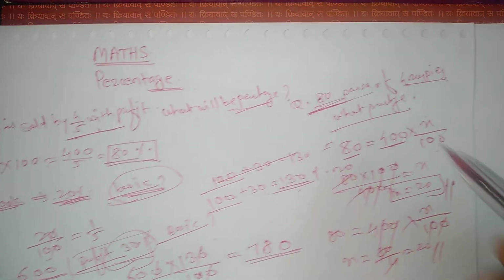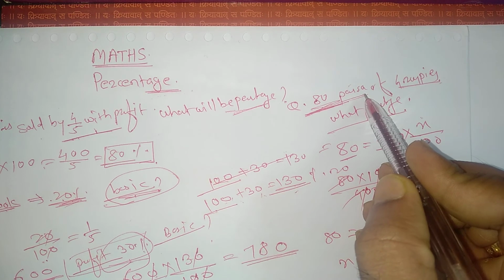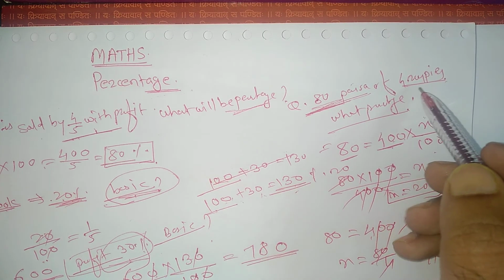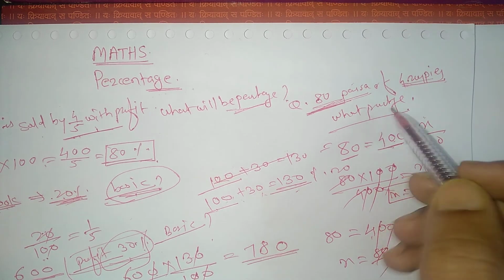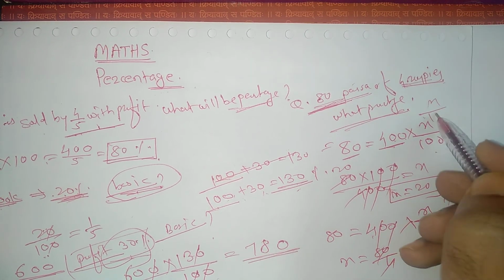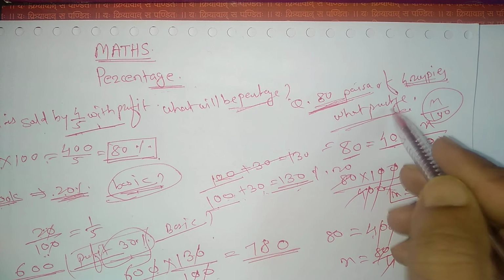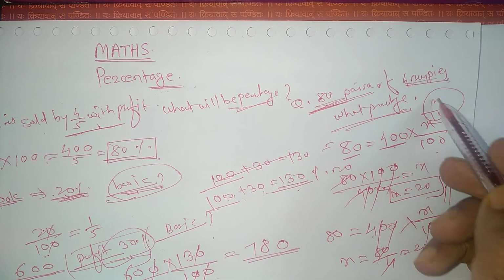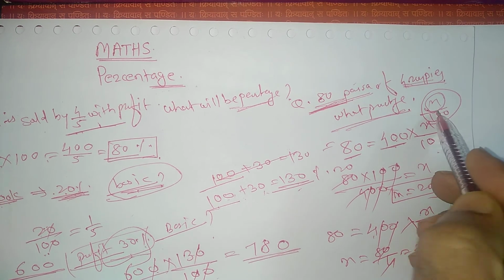In some questions they will give you the left hand side and ask about the right hand side. They will give you an amount and ask what percent, which means x by 100. The left part equals the right part and we have to find the value of x.